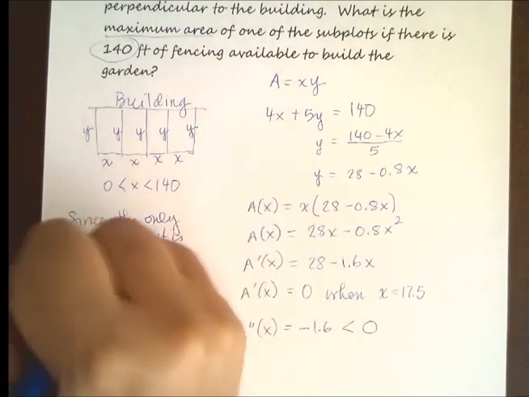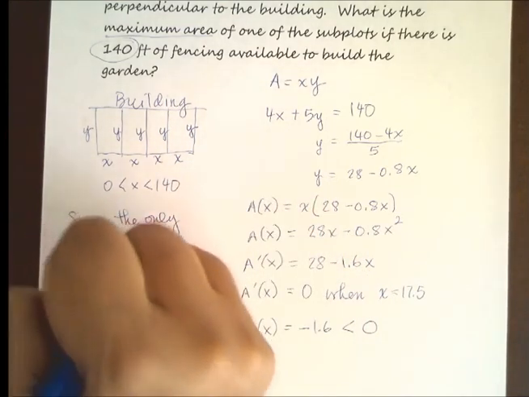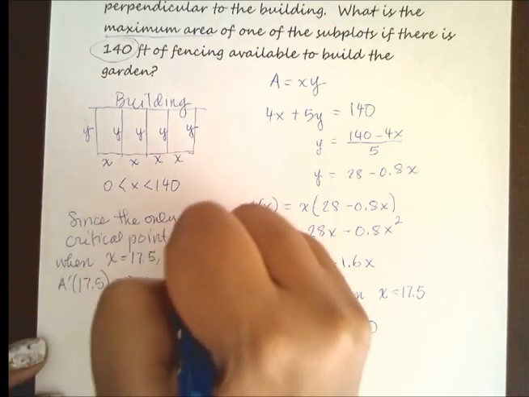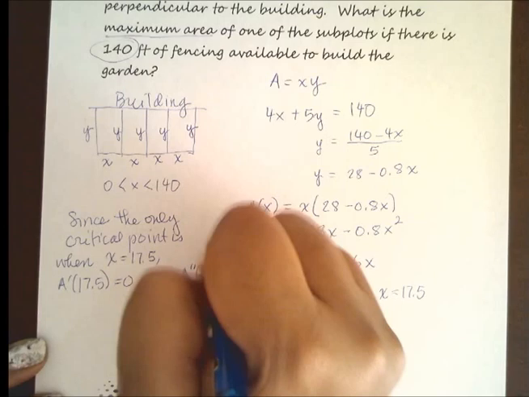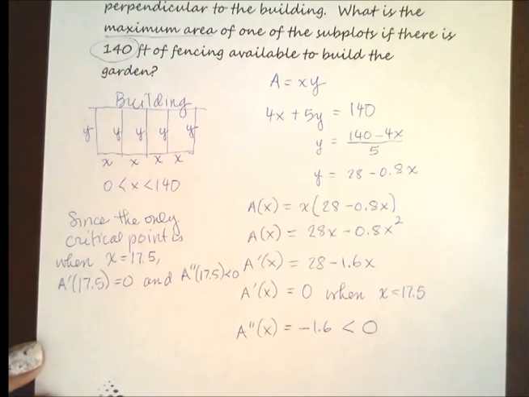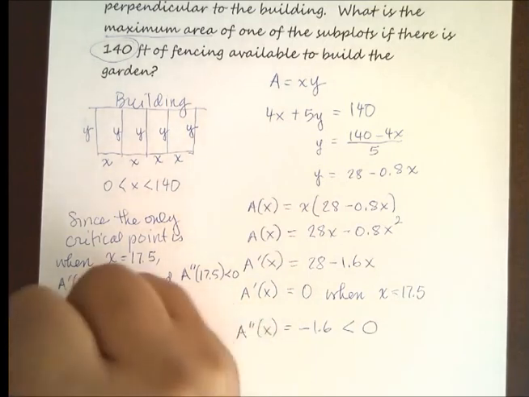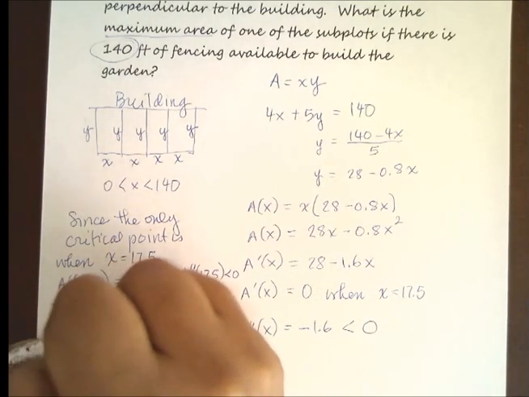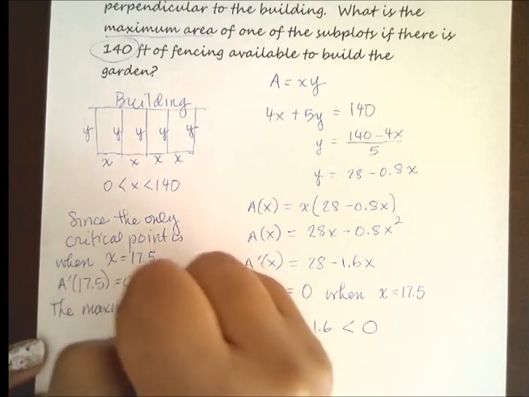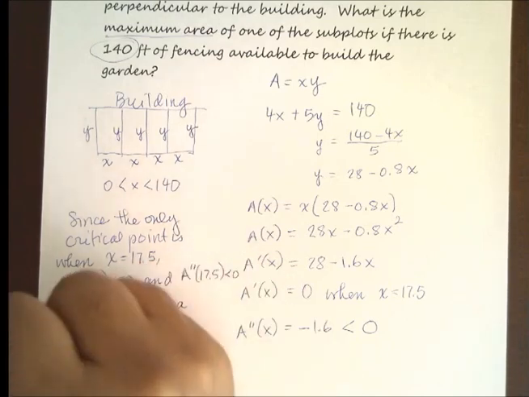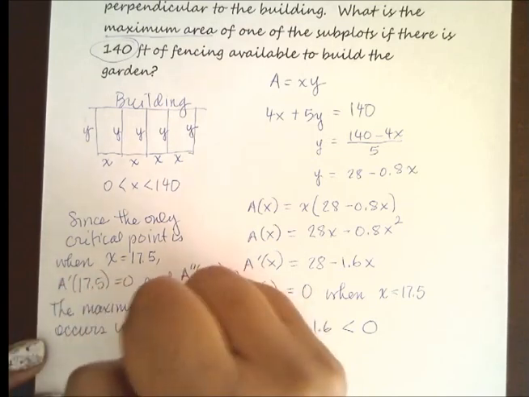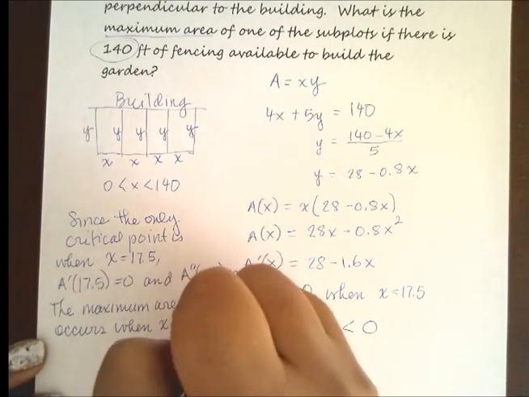A prime of 17.5 is equal to 0, and A double prime of 17.5 is negative. All that together tells me the maximum area occurs when x is equal to 17.5.